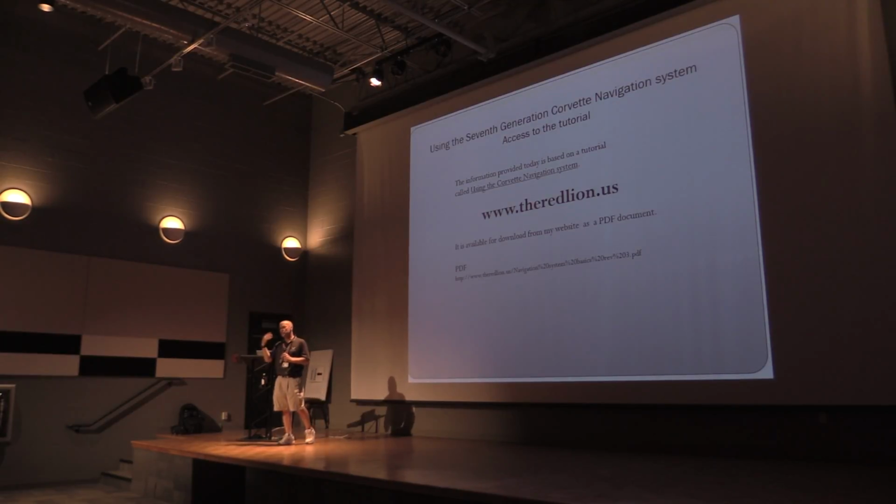Tell it navigation, tell it destination, and go from there. So it's a momentary press, and then it will interact with you to try to help you define what you need it to do. So you can tell it that you want to navigate to city center, or that you want to navigate to town hall and the zip code, and it will do that. But you need to start with navigation, destination, and then where you're trying to go.